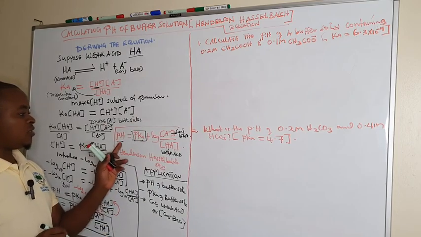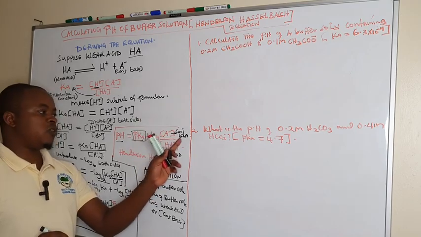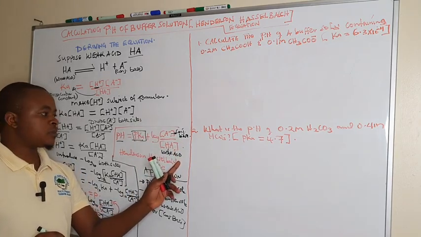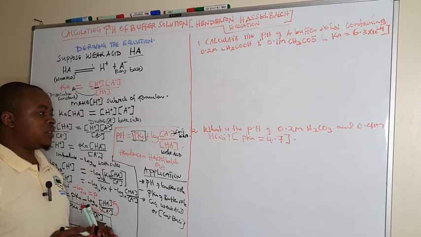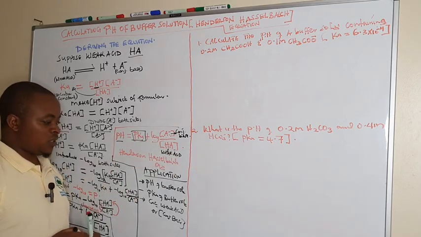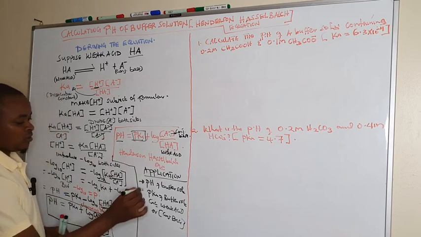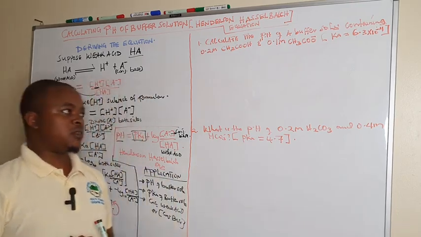And if we have pH and pKa, we can easily determine even the ratio of the conjugate base and the weak acid. And also, if we have one of these, we can determine the conjugate base, and if we have this, we can determine the weak acid. So this is the application of the Henderson Hasselbalch equation in medicine.